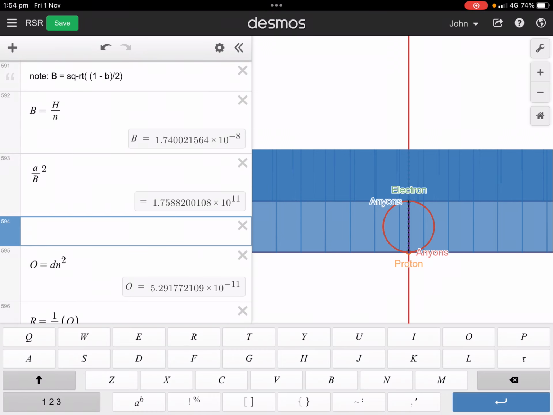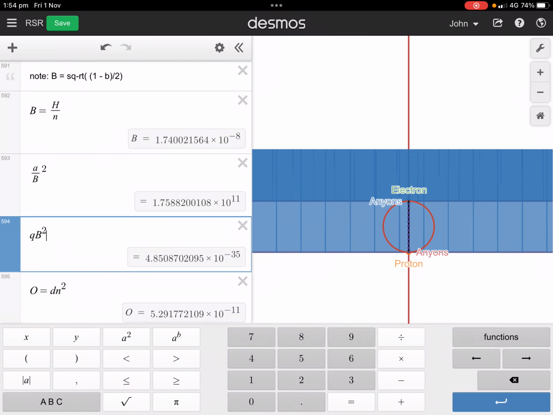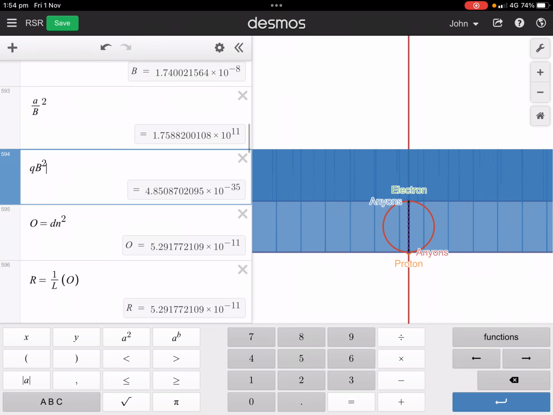And notice that therefore if I get the charge of the electron, and multiply it by B squared, I get that value.